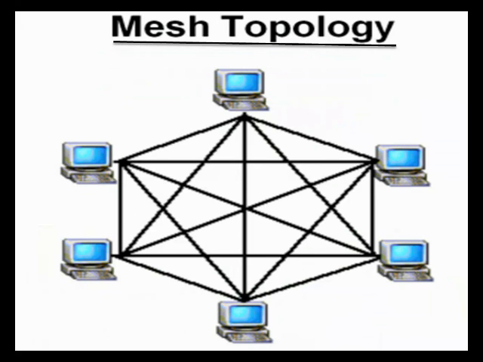Let's say we have N devices in the network, then each device must be connected with N-1 devices of the network. The number of links in a mesh topology of N devices would be N(N-1)/2. It is a point-to-point connection to other nodes or devices.